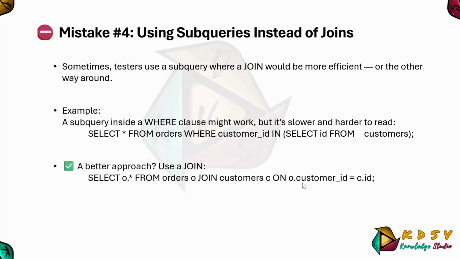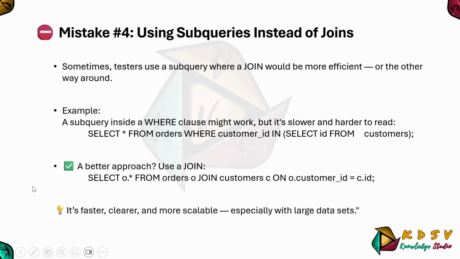A better approach would be to use a JOIN. Here it is: SELECT * FROM orders JOIN customers ON customer_id = cid. As we remember from the earlier mistake, we are not supposed to use star. Actually, you need to include the exact columns that you require from each table. It is faster, cleaner, and more scalable.